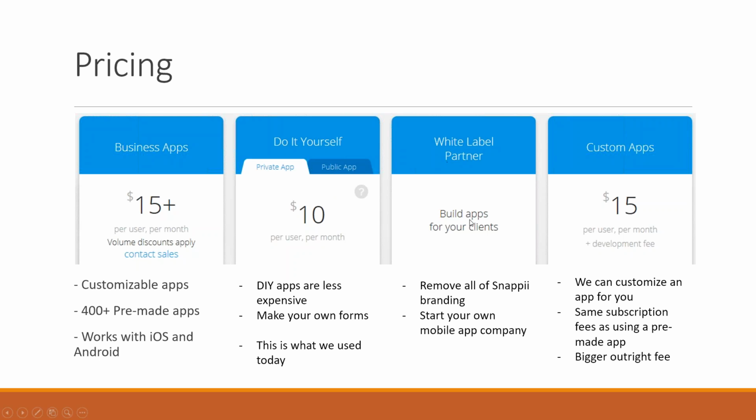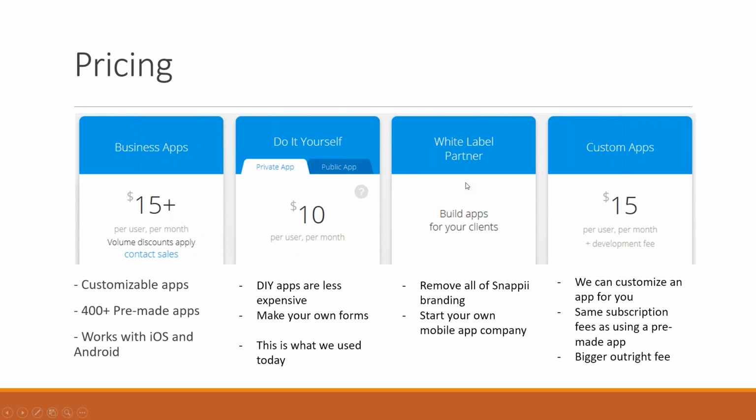The white label partner basically removes all of the Snappy branding from the app, and it allows you to sell the app to someone else. So say you're a person that is going to be making apps for other people, or you want to expand your own agency. Say you have an ad agency and you wanted to include apps in your mix. You would just sign up with a white label partner.